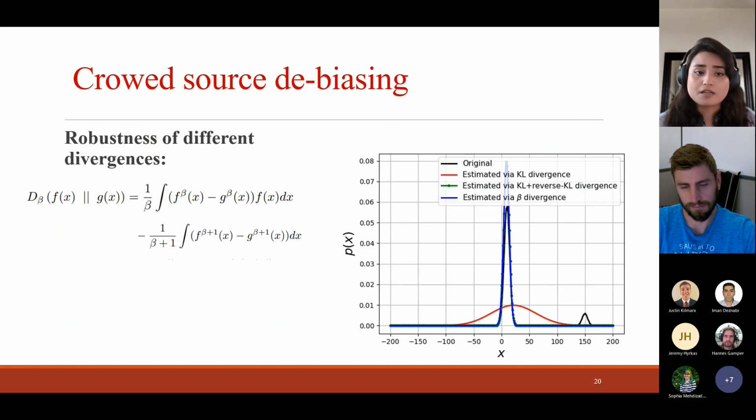You can also see the definition of beta divergence. Beta divergence applies a power transform to the likelihood, so it downweights the samples with lower likelihood, basically the outliers.